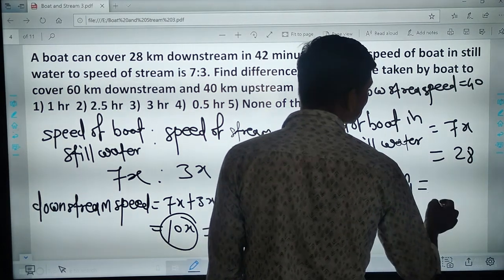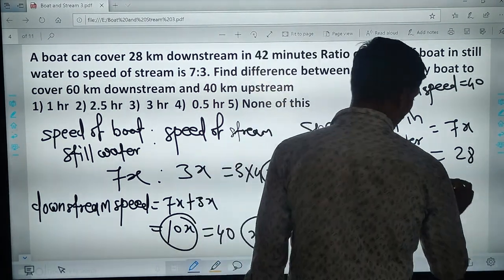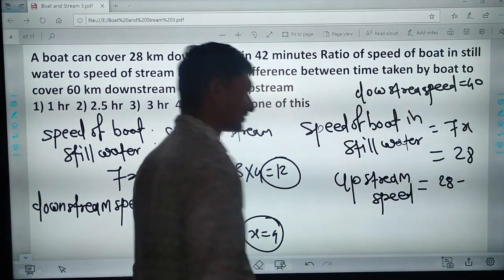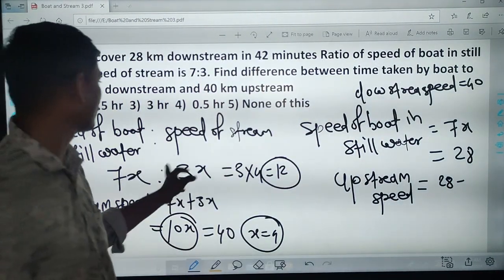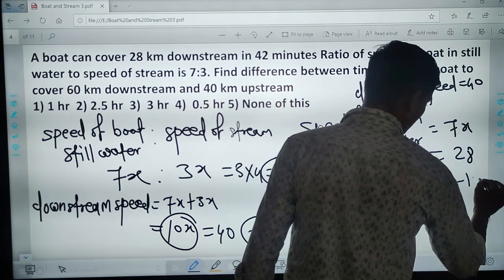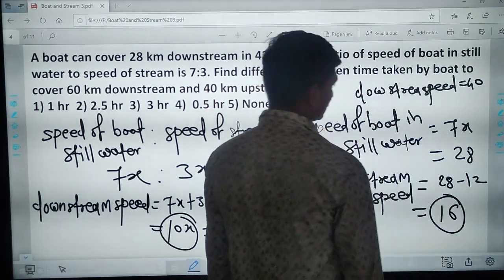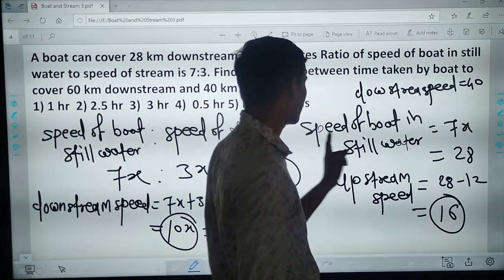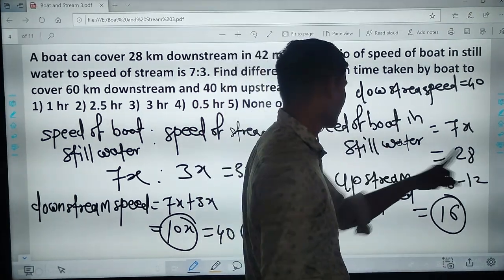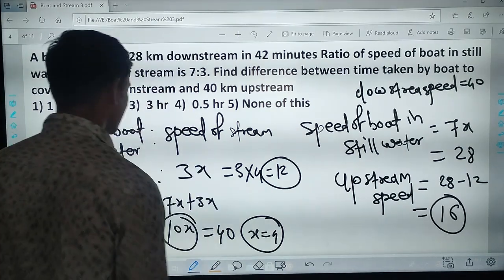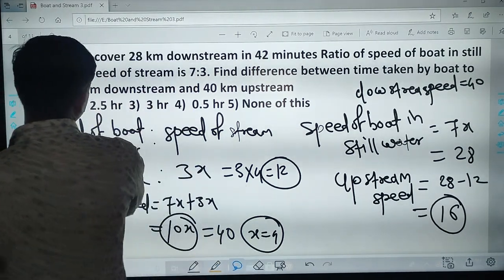Your upstream speed is speed of boat in still water minus speed of stream, 28 minus 12, which is 16. Your downstream speed is 40, speed of boat in still water is 28, and upstream speed is 16.